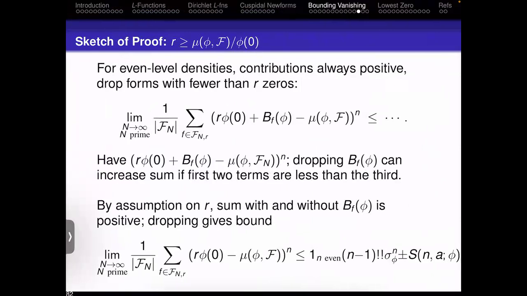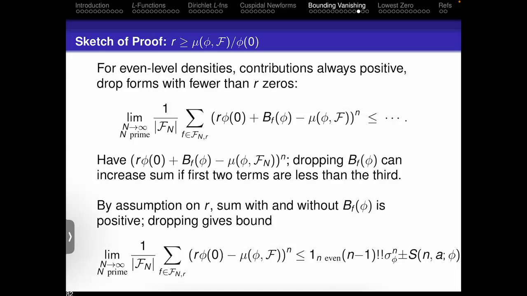And so the proof isn't too bad. What we do is we write what's going on: we have R zeros at the central point, then we have the contribution from all the other zeros, and then we have the mean that we're subtracting off, and then we raise it to the nth power. I'm throwing away all the terms that don't have at least R zeros at the central point. Because n is even, that's going to be a non-negative number, and so my bound will still be fine.